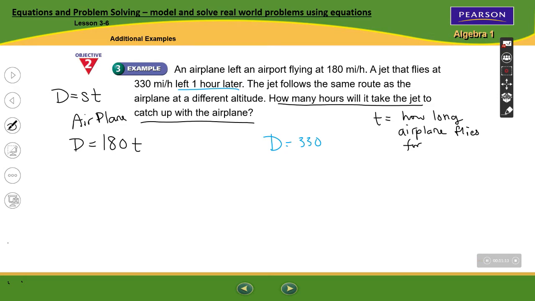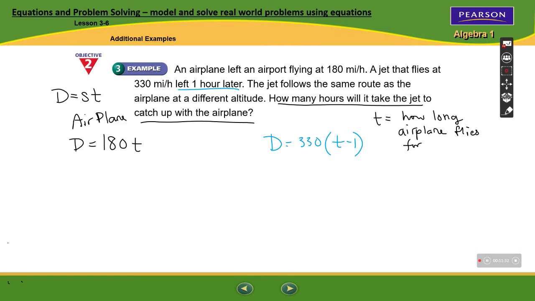So the jet is going to travel for T minus 1 hours. Wonderful. And again, that's just because of how I set it up. You could have set it up so that the plane was traveling for T plus 1 hours and the jet was traveling for T hours.